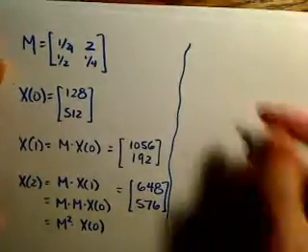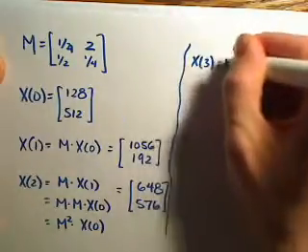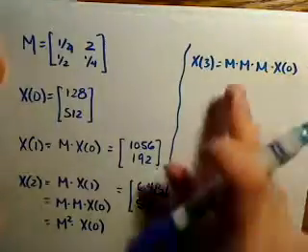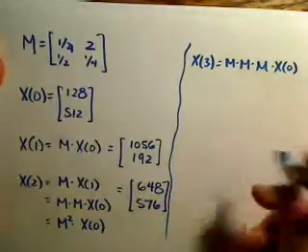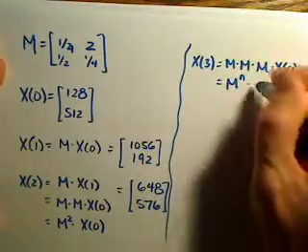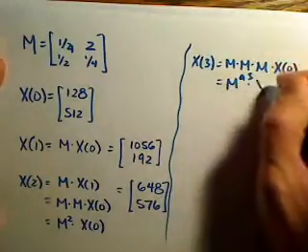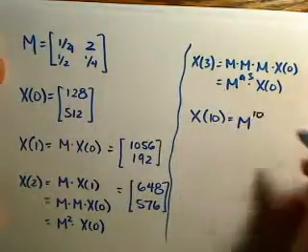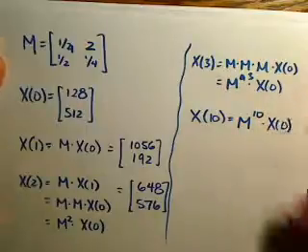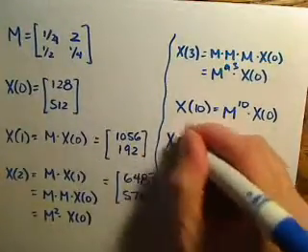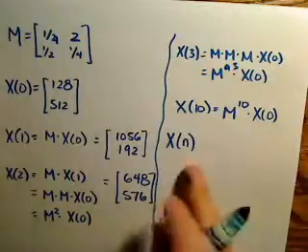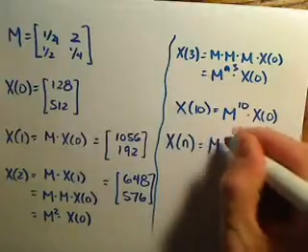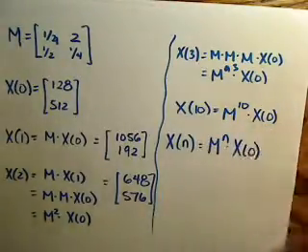But what you'll see is, as we keep going, x3 is 3 copies of m times x0. I mean, it's also m times x2, but this is what I'm interested in. So it's m to the third in this case times x0, and if I wanted x10, that would be 10 copies of m times x0, and then in general xn, the populations for the nth year, would be m to the n times x0.